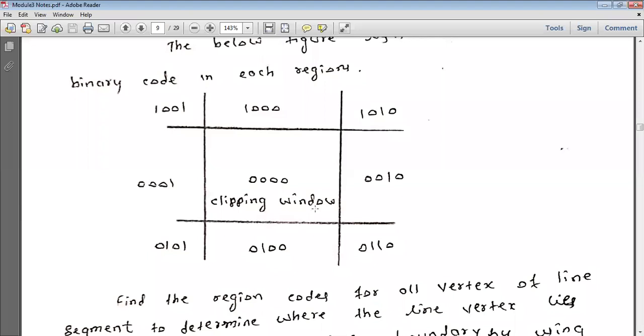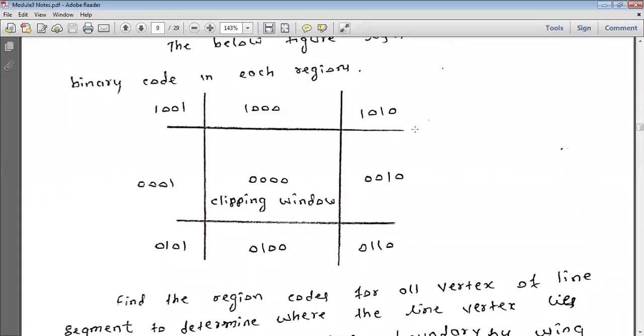If my line comes out towards the right side of the clipping window, I will recognize that by making the third bit 1. On the same lines, if a part of the line comes outside towards the left of my clipping window, I will make the LSB 1.